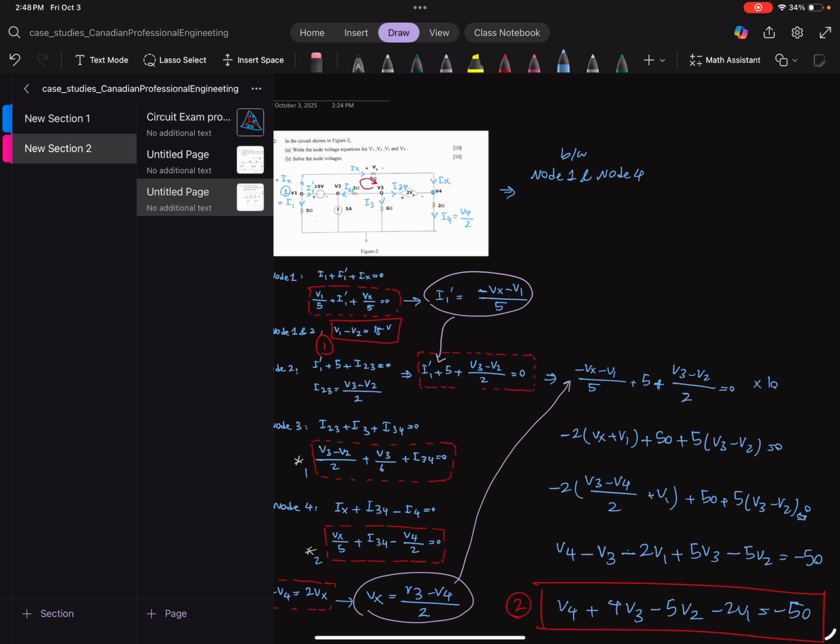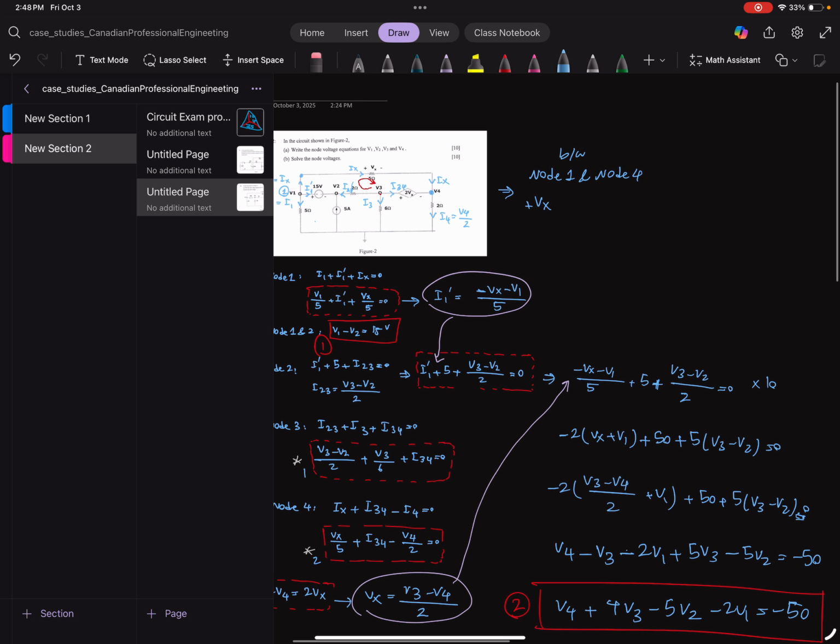Start from this point. We are going in with the current direction that I drew here. First one is Vx, and you're entering from the plus as you're going clockwise, so we are putting plus Vx. The second one, as we are entering, just follow it, is minus 2Vx.